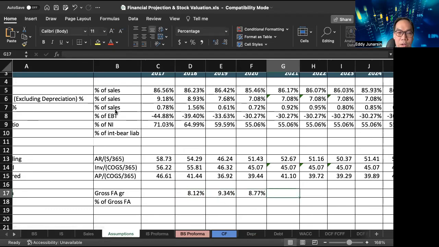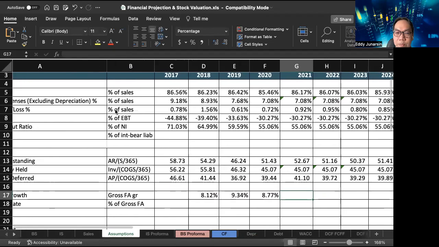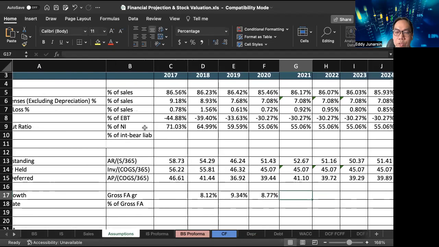What would be the growth rate of the gross assets in the future? Again, this is the method that we choose. It's by no means exhaustive in terms of the choice of method, because you could choose other methods.